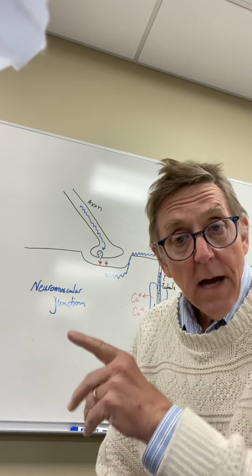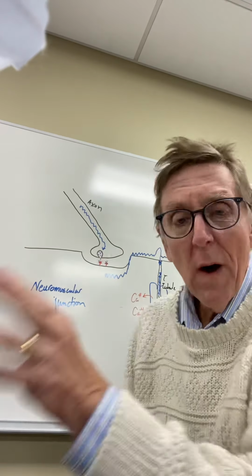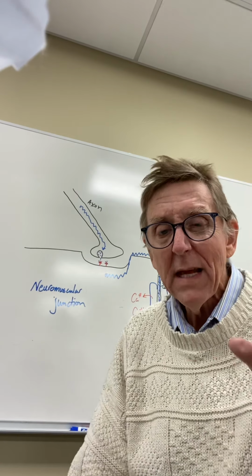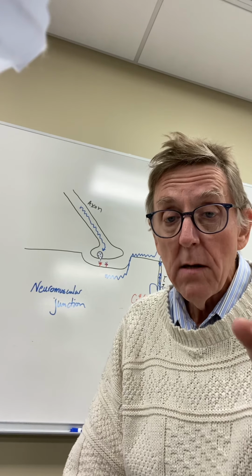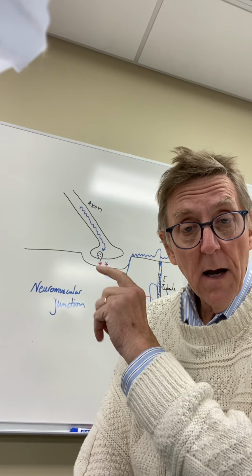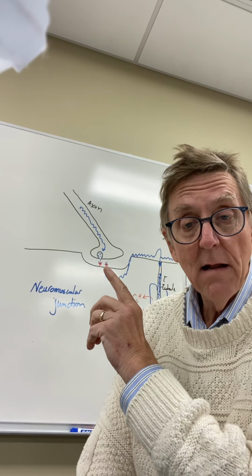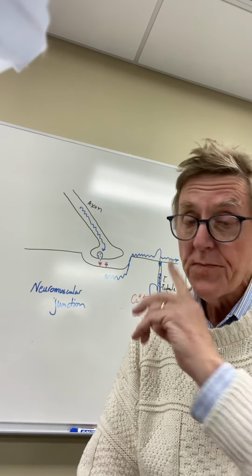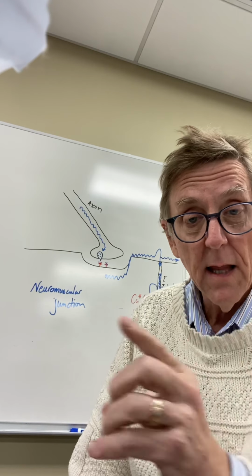And what's really nice about muscles is it's always the same one. It's something called acetylcholine. And so the neurotransmitter substance is released into that little teeny tiny opening, which we call the synaptic cleft.